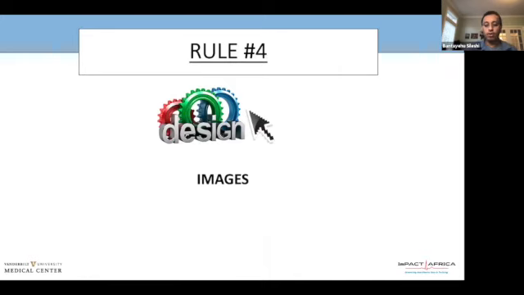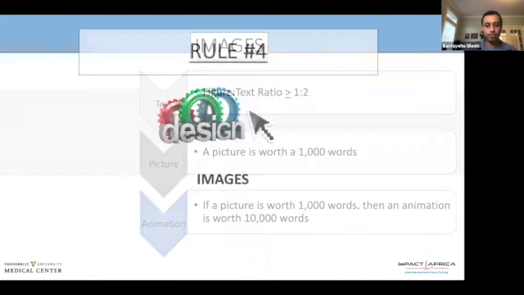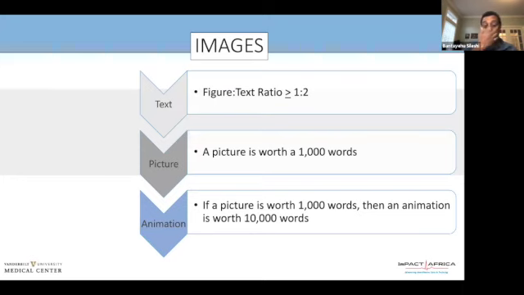Rule number 4, images. I typically shoot for my figure to text ratio to be 1 to 2 or more than that. And in America, there's a saying that a picture is worth 1,000 words.